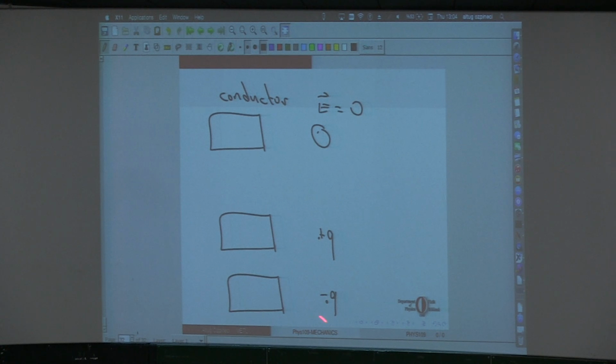I have this conductor, neutral, and we just said that there is no electric field at this point since it's neutral. So in principle, if our definition of the electric field is right, then if the electric field is zero and you put any charge there, the force is the charge times the electric field, so the force should be zero.